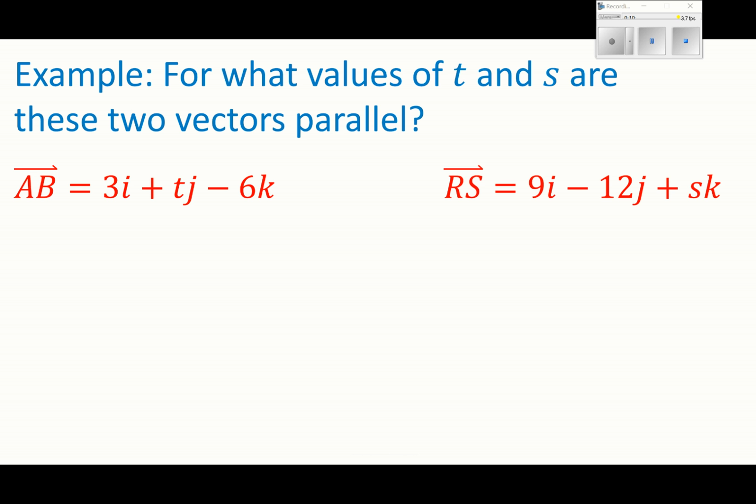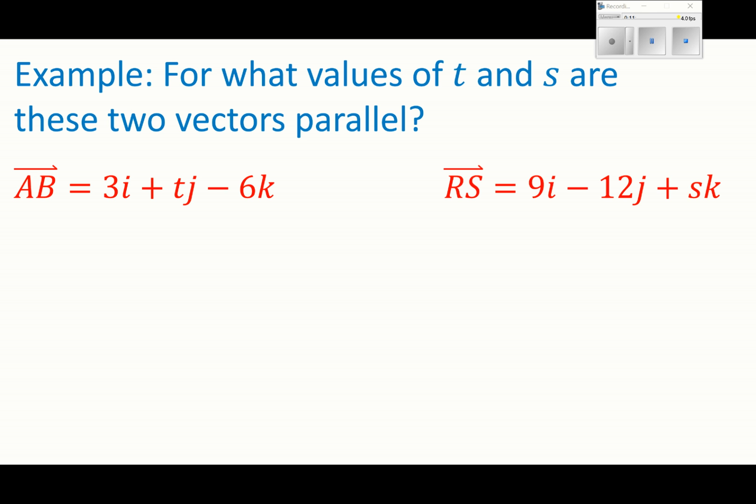All right, so now we can solve for different variables to make vectors parallel. Given two vectors, AB is 3i plus tj minus 6k, where t is some variable we can solve for. And RS is another vector, 9i minus 12j plus sk. s is a variable we can solve for, where again, k is just representing the direction.